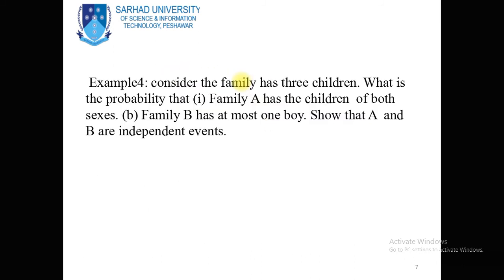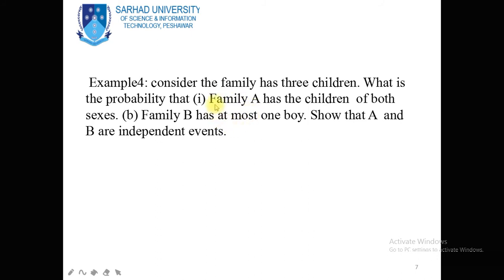The probability that family A has the children of both sexes and family B has at most one boy. Consider the family has three children. What is the probability that family A has the children of both sexes and family B has at most one boy?